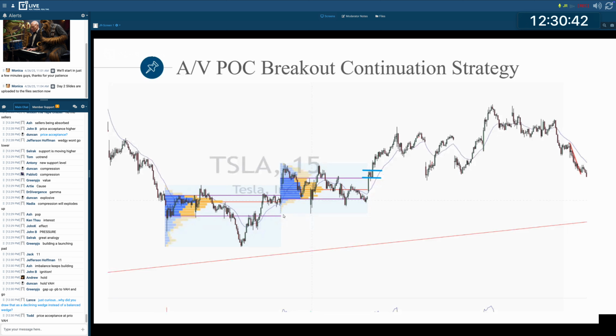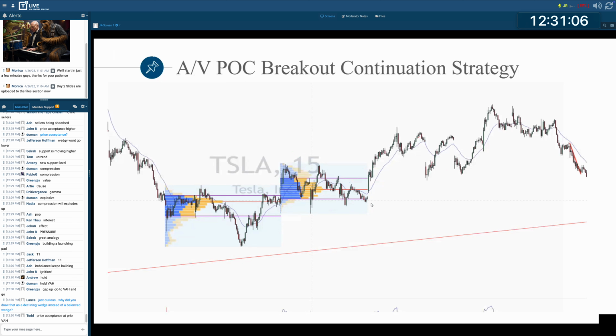Honestly, Lance, if you're gonna be Mr. Murphy about it, it's a symmetrical triangle. I don't care ultimately, but if you're gonna draw this correctly, technically speaking, if you're gonna plot the highs and the lows, it's a symmetrical triangle.